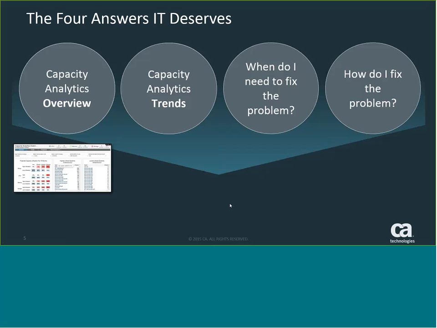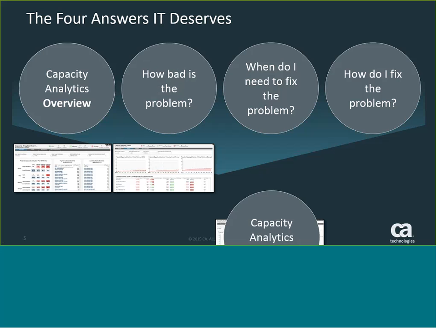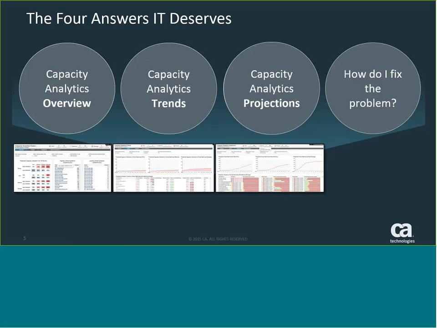And then for when do I need to fix the problem, we looked at capacity analytics projections, where we can go in and play different what-if scenarios with the data to see when we might have a potential issue, resource constraint, when the first bottleneck is going to be encountered, and when we might need to add resources to a system based upon a forecast growth.